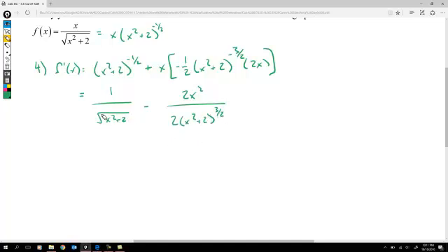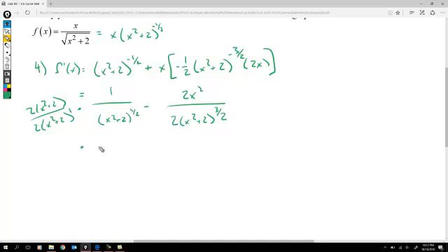And in the same vein, I'm going to write this as to the 1/2. I need to get a common denominator, so I'm going to multiply this by x squared plus 2 on top and bottom. Our bases are the same, so I'm going to add the exponents. 1 plus 1/2 is going to be 3/2.